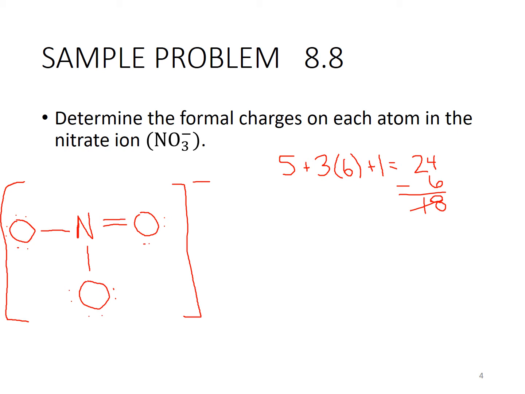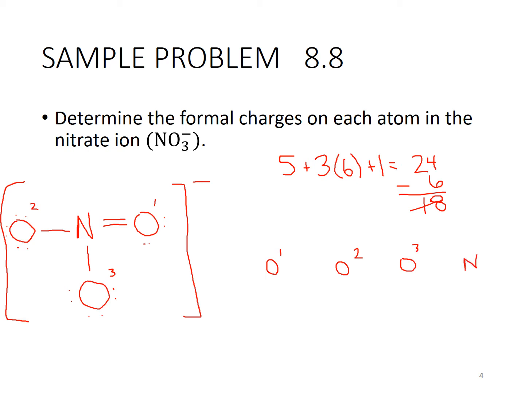So let's go and figure out the formal charges of each of these. I'm going to call this oxygen 1, this oxygen 2, and oxygen 3. So we have O1, O2, and O3, and the nitrogen.